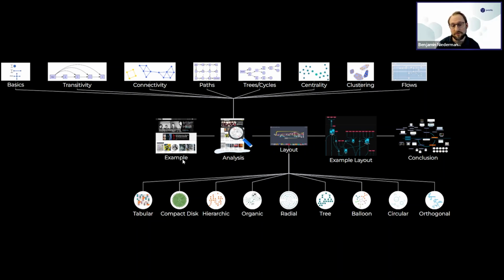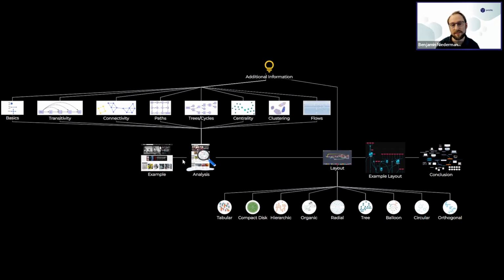Here, it's important to say that I don't consider the graph analysis by itself, but always in the context of graph visualizations. So the idea is that we actually gain information from this graph analysis that we can then use in our layouts, for example, to decide which kind of layouts we would like to use, but also as an information for configuring these kind of layouts.